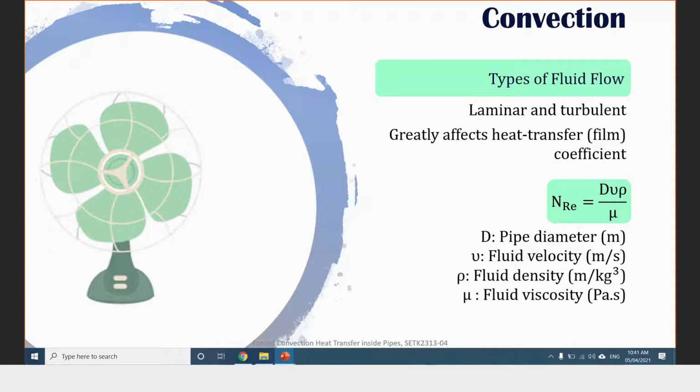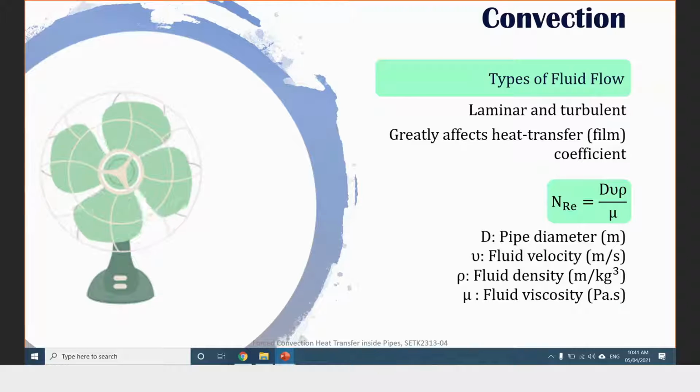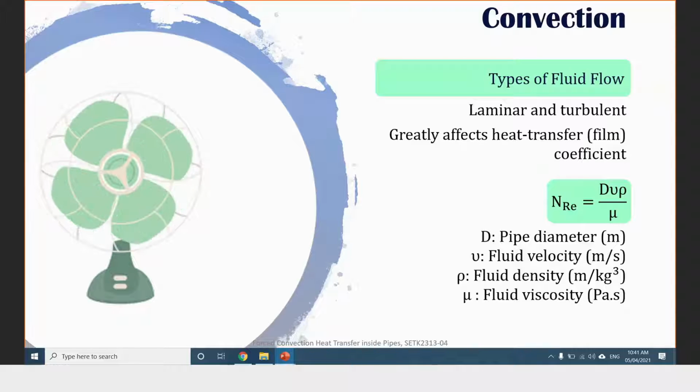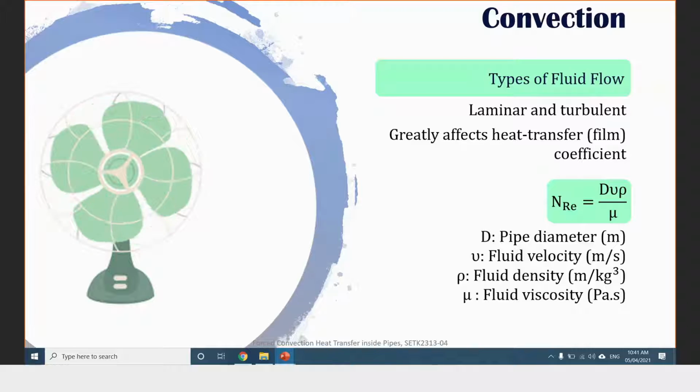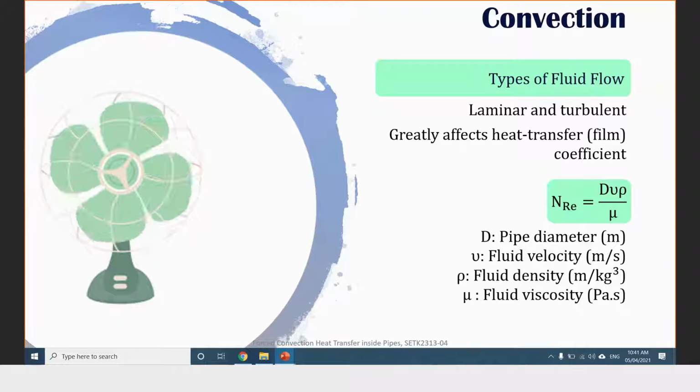So how do we characterize laminar flow? Laminar flow typically has a Reynolds number of less than 2100. If it's less than that, then we call the flow laminar flow. However, if the Reynolds number is more than 6000, then we call this turbulent flow.